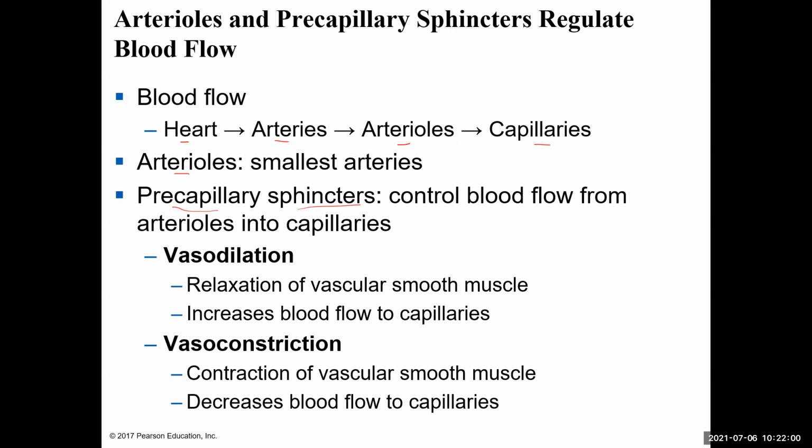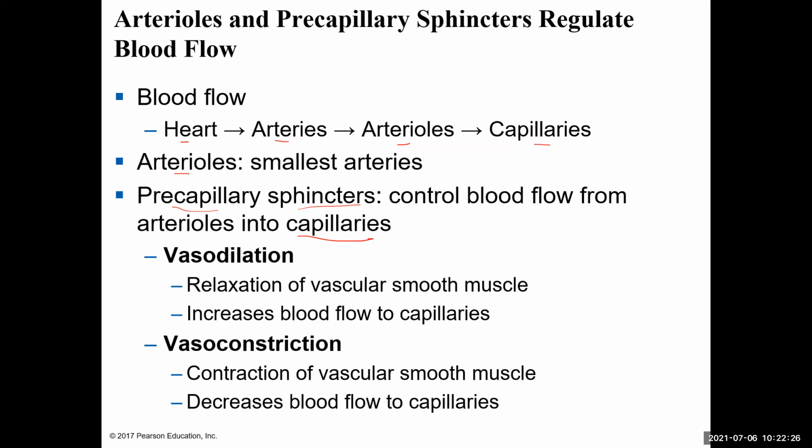So they basically serve as, you can think of it as, a nozzle on a water hose, right? They can lower the flow, or they can open the flow, or they can turn it off. The way that happens is these smooth muscles surround the capillaries right where they meet the arterioles.